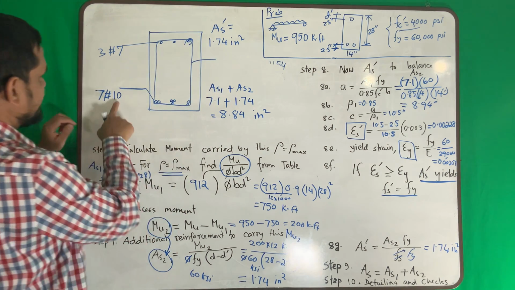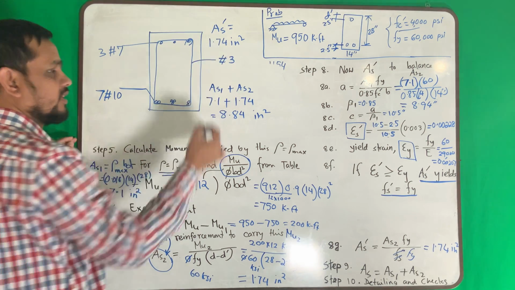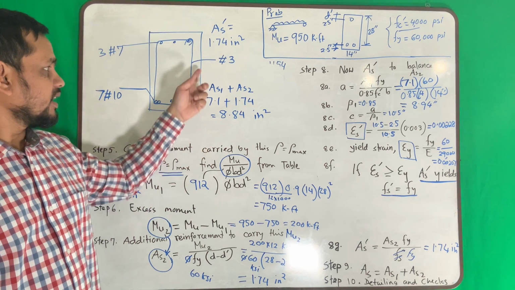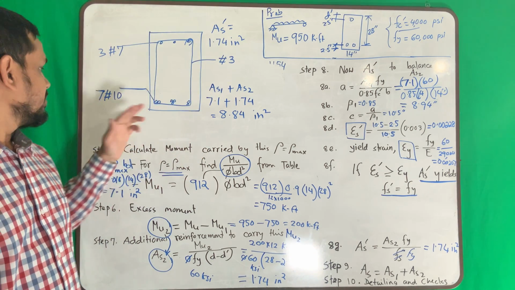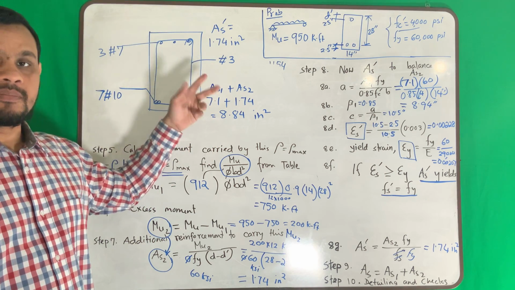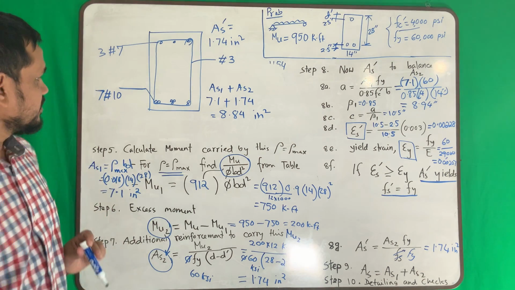The tie bar, as it is number 10, my tie bar can be number 3. You know that if your main reinforcement is up to number 10, tie can be at least number 3. If your main bar is more than number 10, it should be now at least number 4. Okay, so more or less it is good.